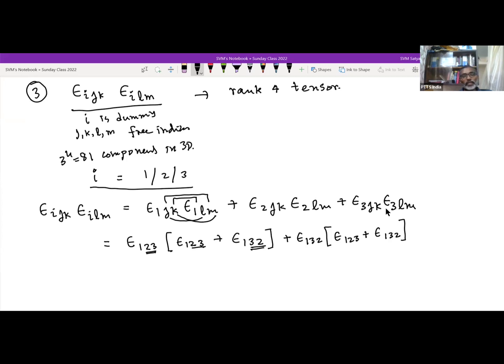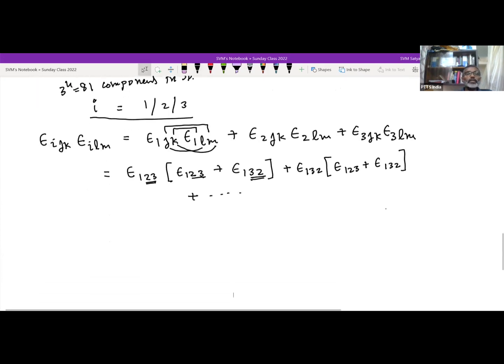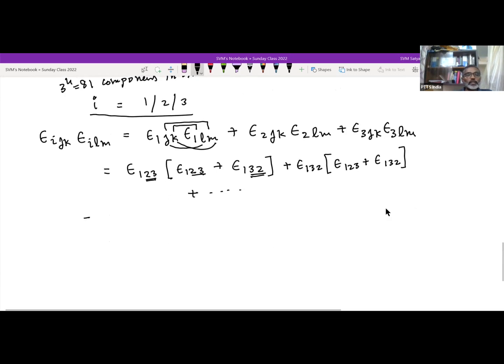There will be a minus, because epsilon 1, 2, 3 is plus 1 and epsilon 1, 3, 2 is minus 1. Right? So that is plus 1 and this is minus 1. Correct? I'm not writing the other terms. So whenever j is same as l and k is same as m, we will have plus 1. Whenever j and m are same and k and l are same, we will have minus 1.